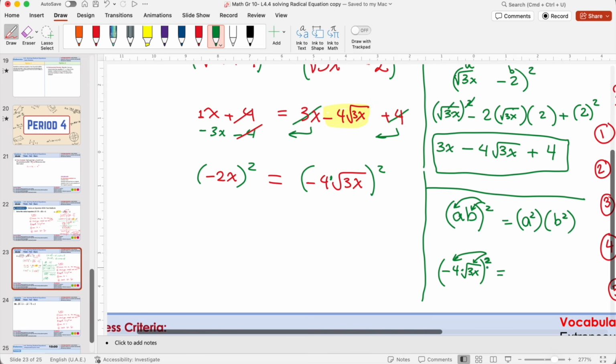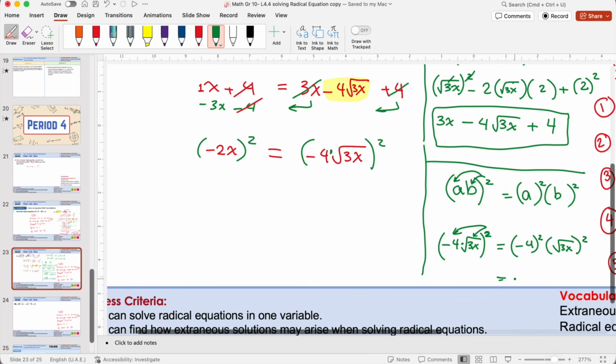Yeah, back again. So I have a negative 4 alone squared times root of 3x alone squared. And when you square outside, that's my bad. It's gonna be outside, just if there's a negative to get cancelled in the calculator. It's gonna be 16, and the root will get cancelled. See? Times 3x.